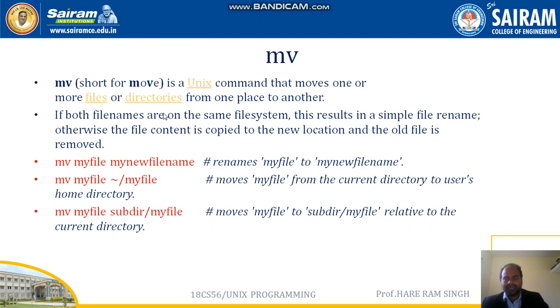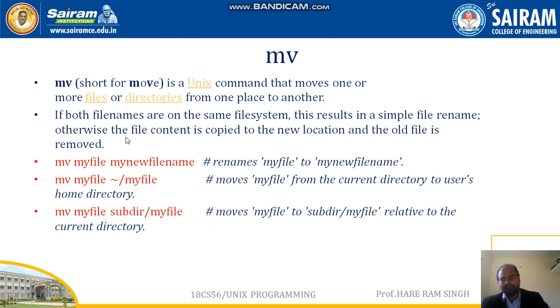If both file names are on the same file system, this results in a single file rename. Otherwise, the file content is copied to the new location and the old file is removed. For example, mv file, my new file name.